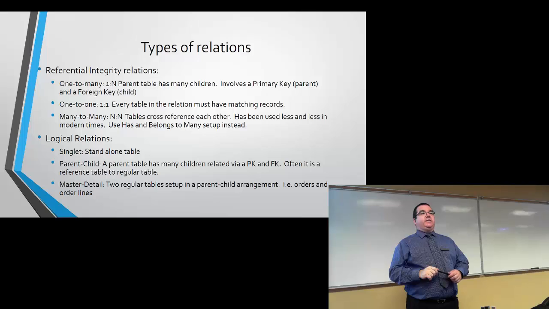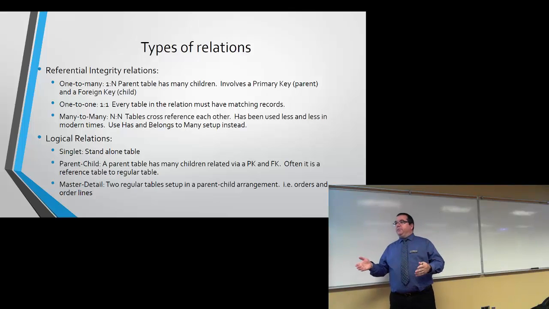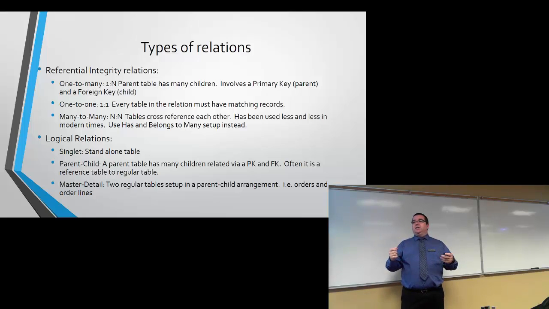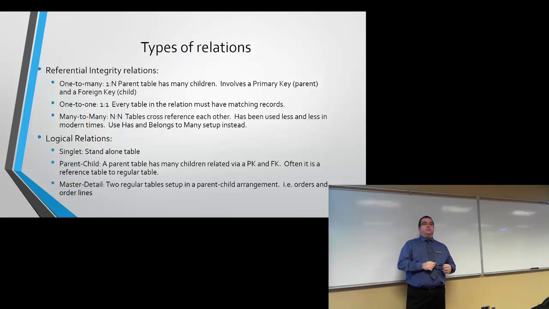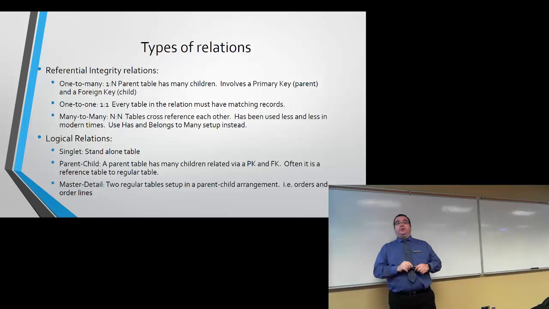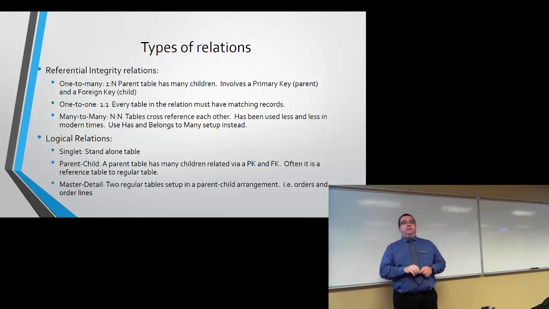You've got the one-to-one relationship, where every table in a relationship must have a matching record. That means one table has a record, and the other table can only have one between the two. Not used very often. It's usually used for security purposes. You've got many-to-many.